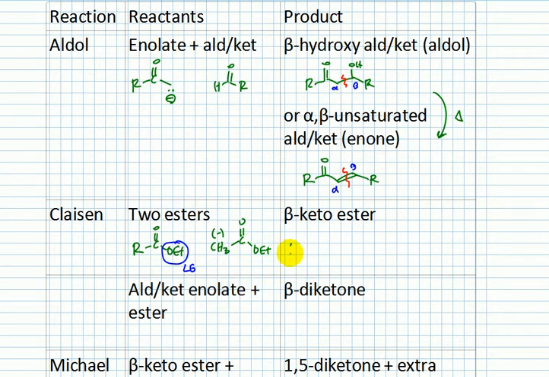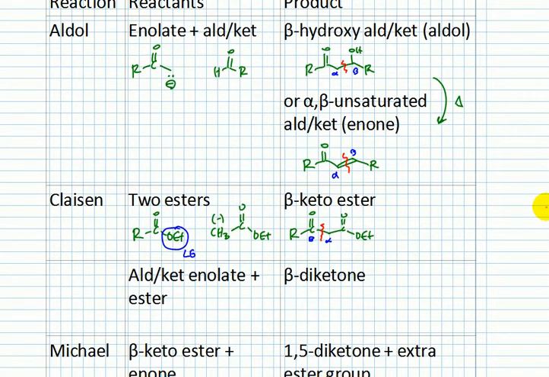So what we end up with is a beta keto ester. Just like that, right? That's called beta keto because here's alpha, here's beta. The retrosynthetic disconnection there happened again between the alpha and beta carbons of the remaining ester.